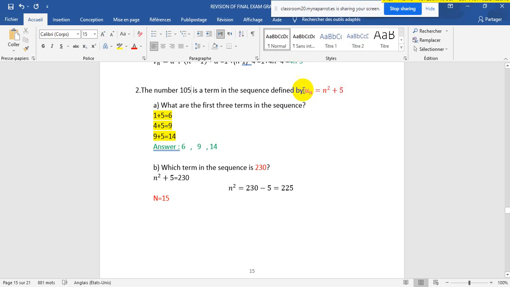It will be 105 equals n squared plus 5, so we subtract 5, it will be 100, so n will be 10. Clear? I just wrote this with 230, but it is exactly the same method. You will just change the numbers. The second question.